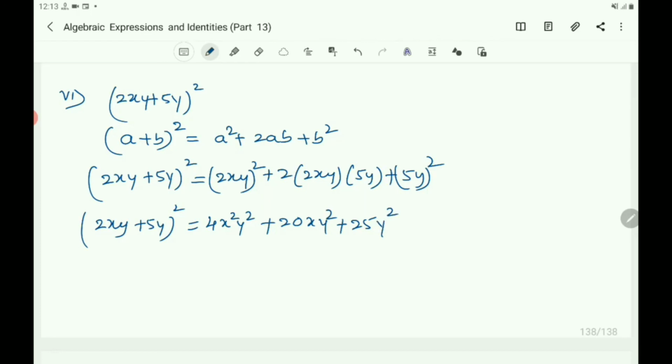So you got the answer 4x square y square plus 20xy square plus 25y square. In this way, the third main is completed.